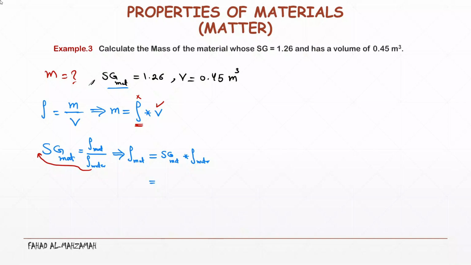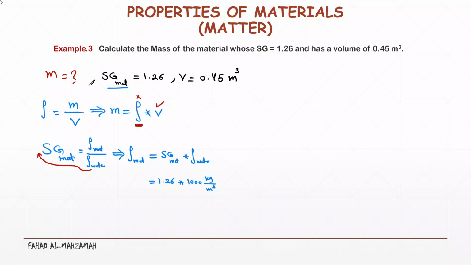Here we have 1.26 times, we know the density of water is 1000 kilogram per cubic meter. Why do I use kilogram per cubic meter? Why don't I use 62.4 pound per cubic feet, which is the same density of water in the English system?